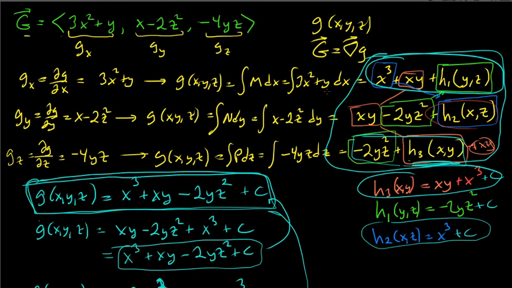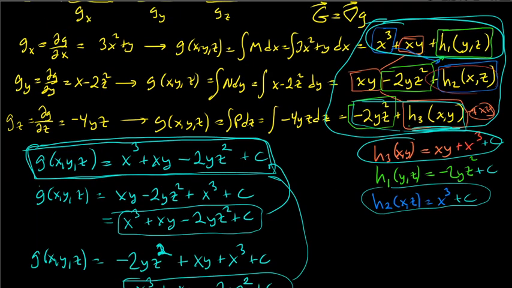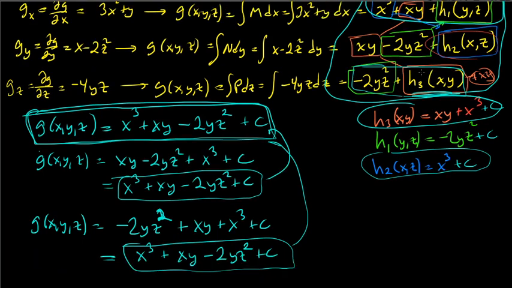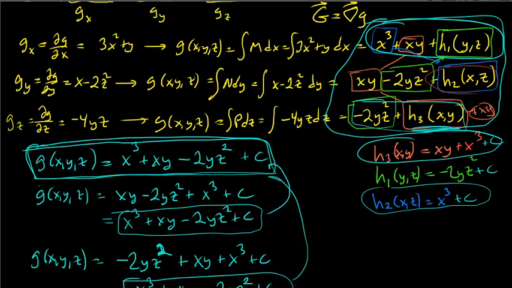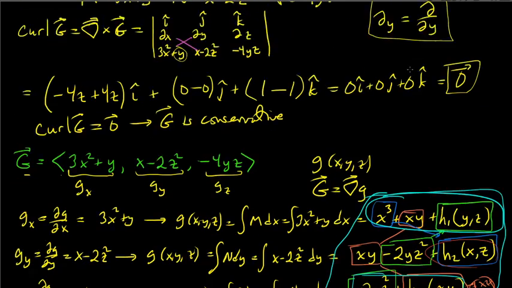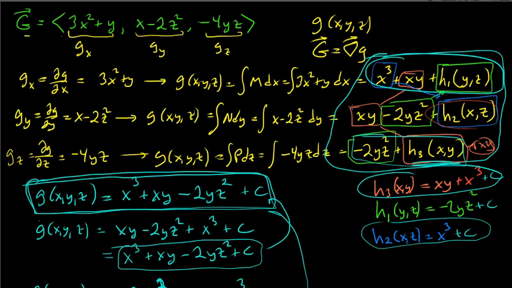I mean, there's other ways of doing it. If you can do this some other way by just doing one and then finding the h's for the other two, that's fine too. I like to do it this way, mixing and matching, because everything should match here. And if g was not conservative, then there's no reason to do this.